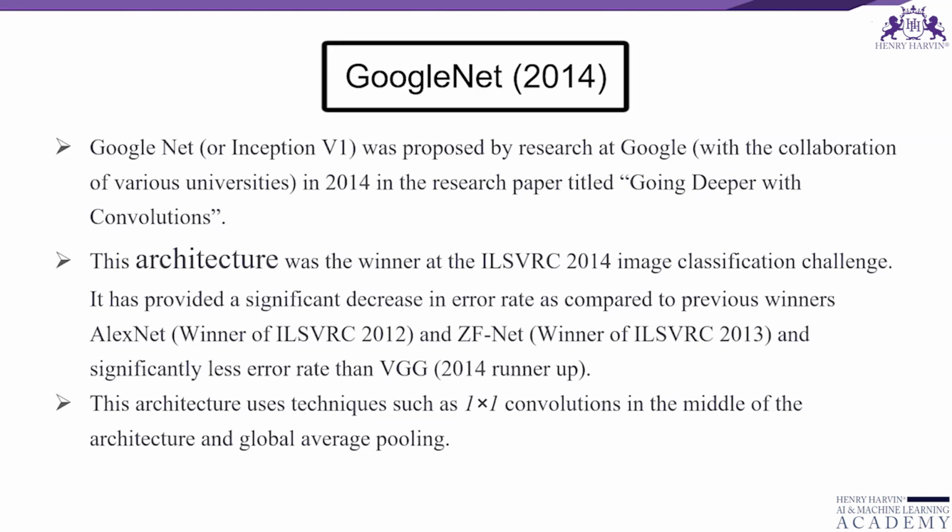So Google proposed this deep convolutional neural network named Inception that achieved top results for classification and detection in 2014. The ImageNet Large-Scale Visual Recognition Challenge, which is nothing but ILSVRC, evaluates algorithms for object detection and image classification at larger scale.